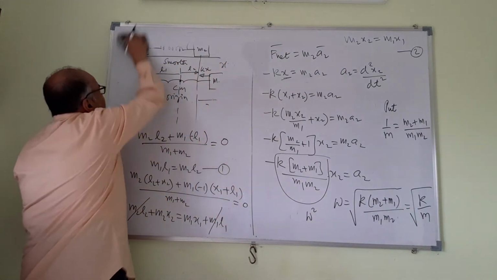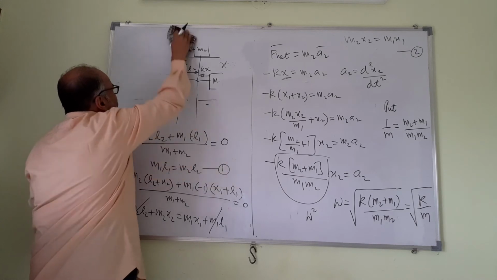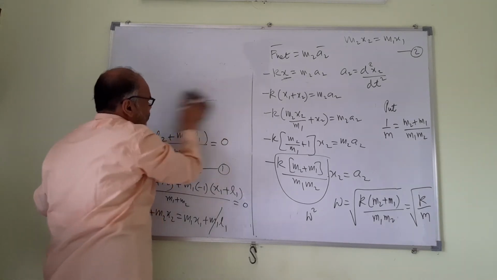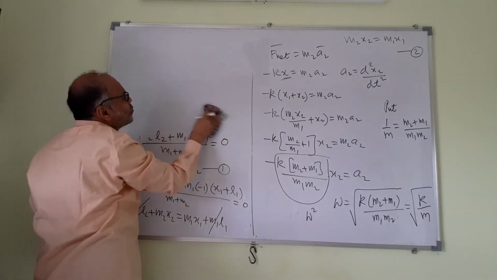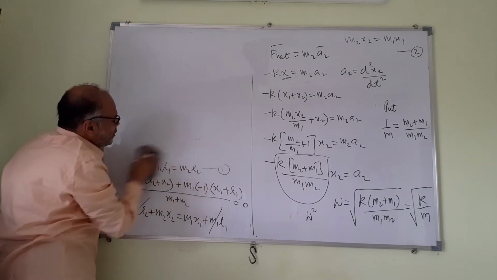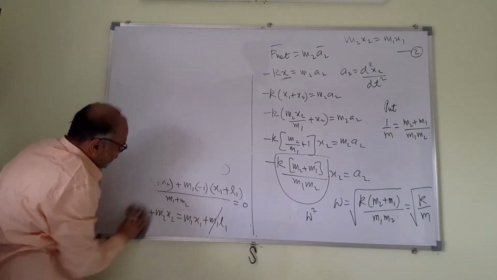So the time period can be easily got from this. Omega is 2 pi by T. So let's write that.